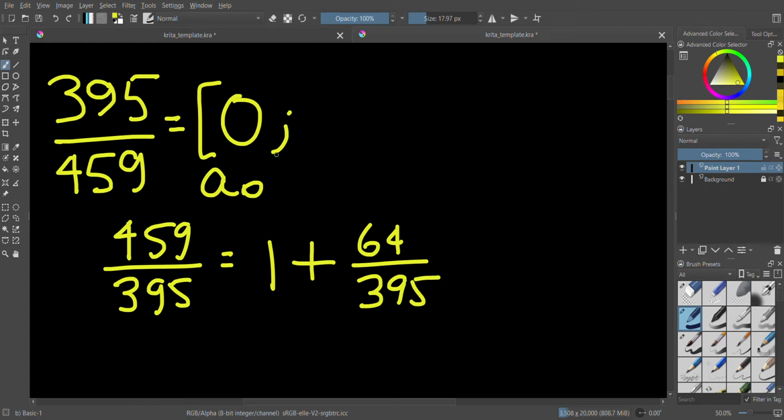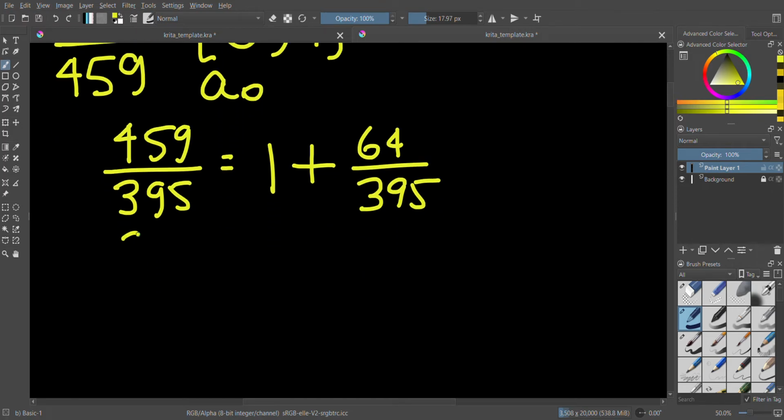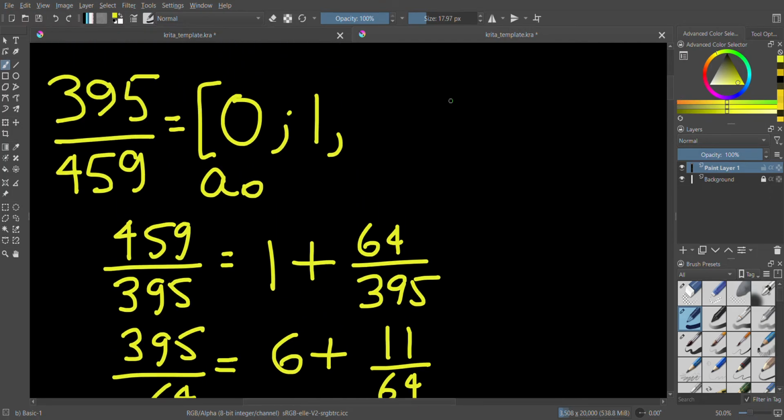And this is what gave us this 1. Then the next one we had was 395 divided by 64 is equal to 6 plus 11 over 64. And that gave us our 6 right here.